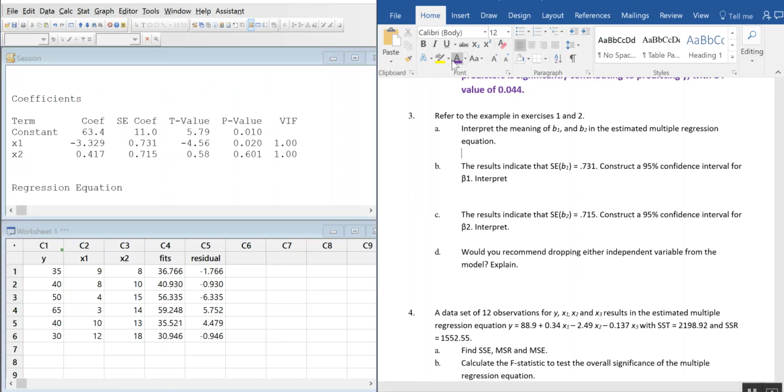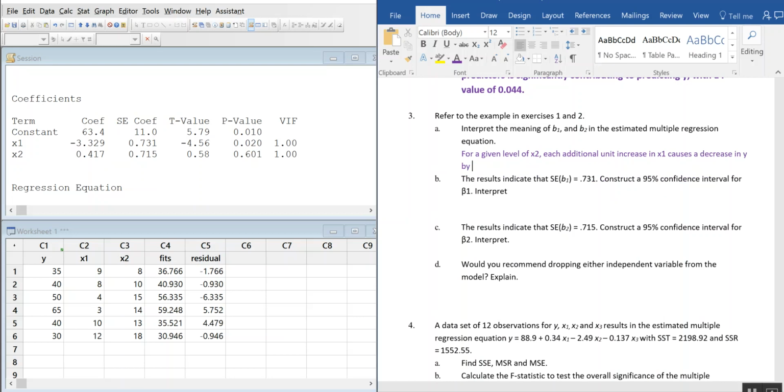So if I look at the first one, I'm going to say, for a given level of x2, be careful not to say "the other variables remaining constant," because that's a really common error with this. Each additional unit increase in x1 causes a decrease in y by... I should have just made up names for what these variables were doing, and then this would make sense.